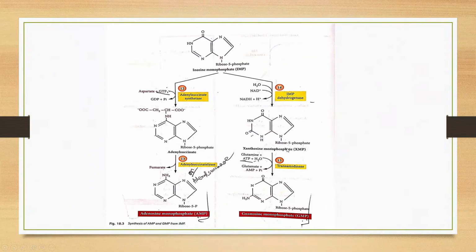Similar to reaction 5, glutamine transfers the amide nitrogen to xanthosine monophosphate to form guanosine monophosphate, utilizing ATP. The resultant product is GMP. So for the synthesis of AMP, GTP is required. For the synthesis of GMP, ATP is required.